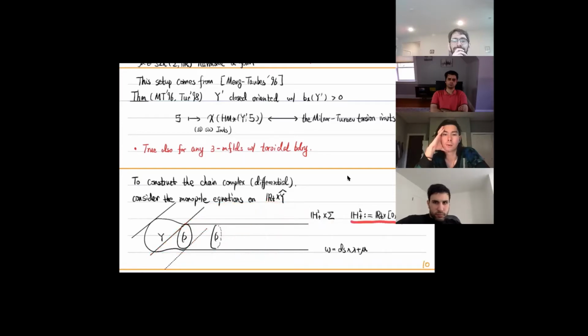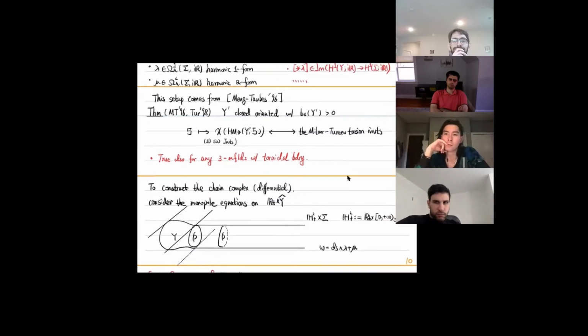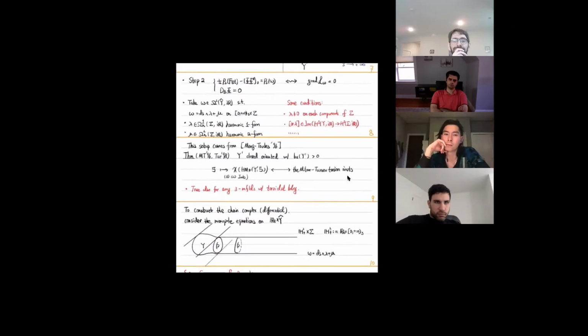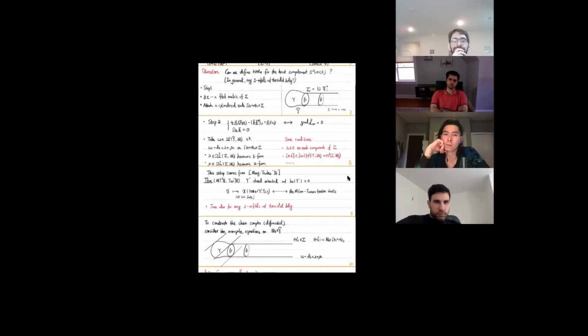Here I'm using the Euclidean metric on the upper half plane. And over this planar end, the monopole equations are perturbed by this standard two-form. By counting solutions on this space, we can construct the chain complex and define Floer homology. So this is everything I want to say about the construction. Before we move forward to the next part and state the main result, I should probably pause for questions. So any questions so far regarding this setup from the paper?